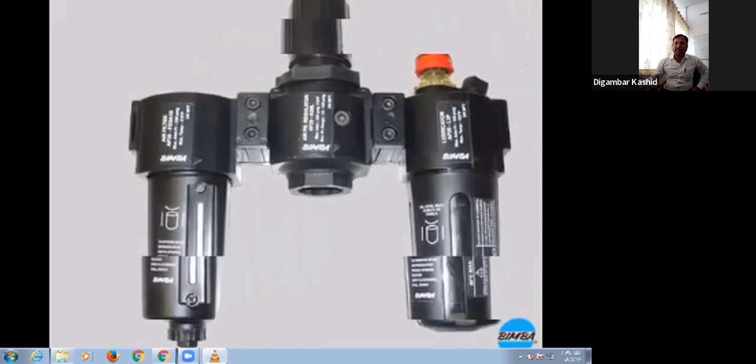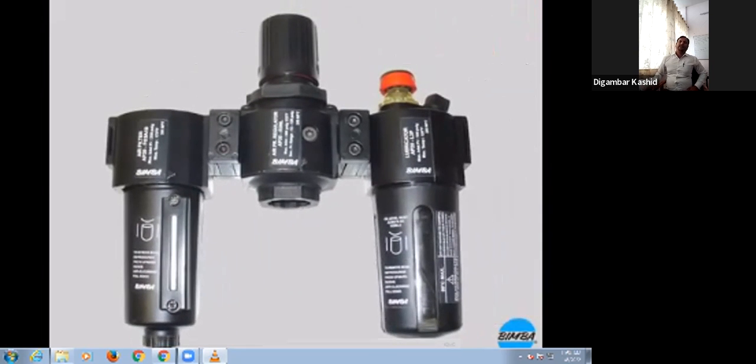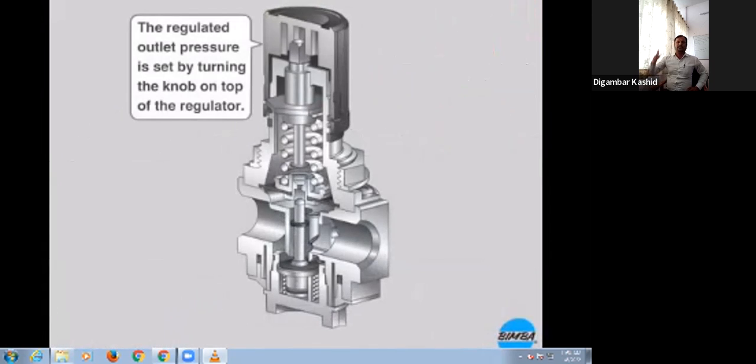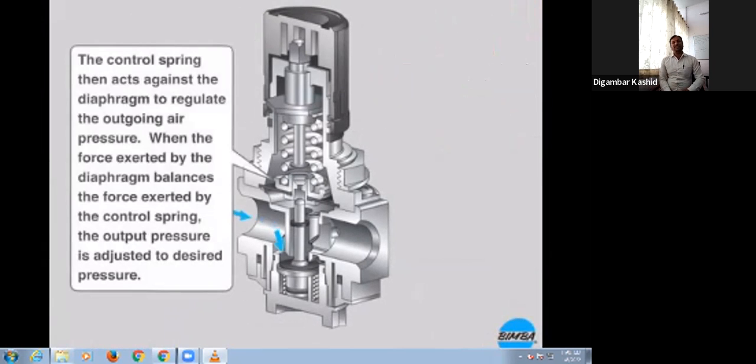Then the second unit, this middle one, is an air pressure regulator. See, this is a cut section. First, we have to set the preset level of the pressure.